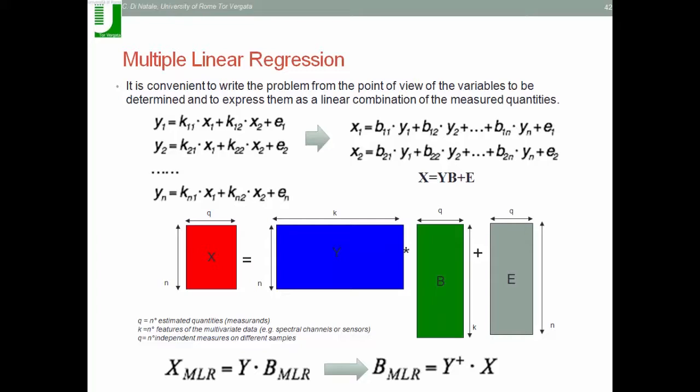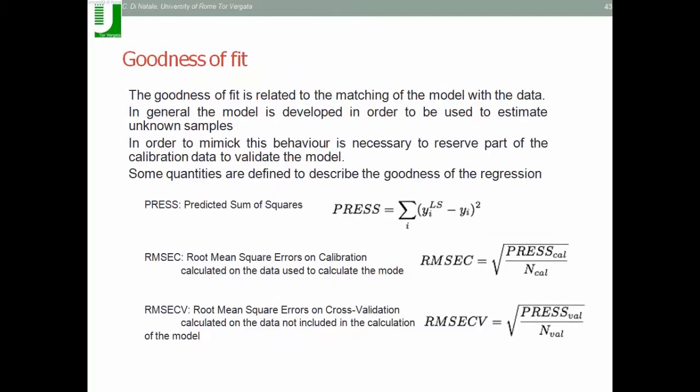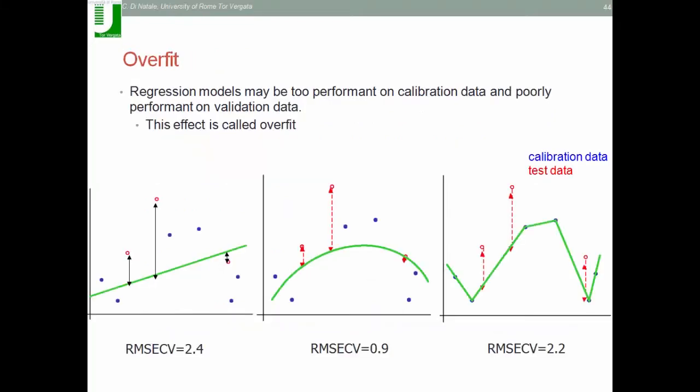The regression matrix is applied to y to estimate the value of x, and in calibration we can determine the value of this matrix B. And we also have a method to evaluate the goodness of the fit, which evaluates the errors between what is fitted and what is real. Now we'll see examples of that.